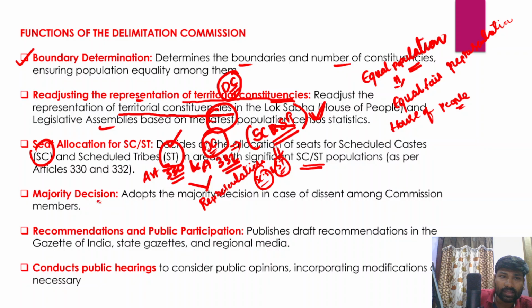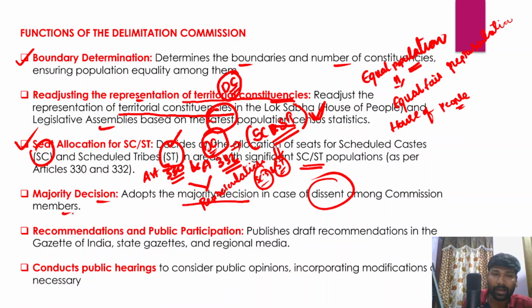And similarly, the majority decision. This is also another important function performed by the Delimitation Commission, and in fact it adopts the majority decisions in case of a dissent among the commission members.